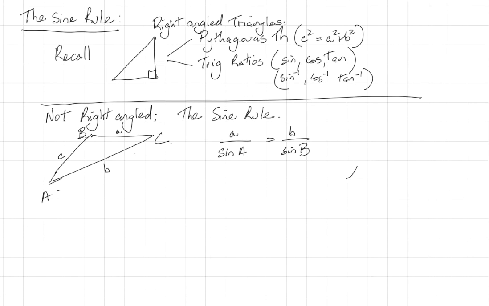The hypotenuse only happens in right angle triangles. Not only is that those two the same, but it is also equal to C over sine C.